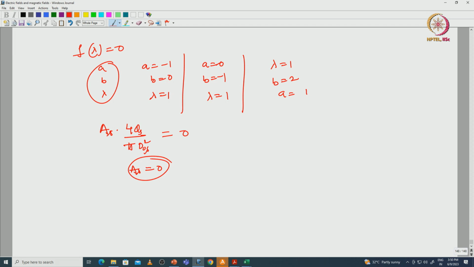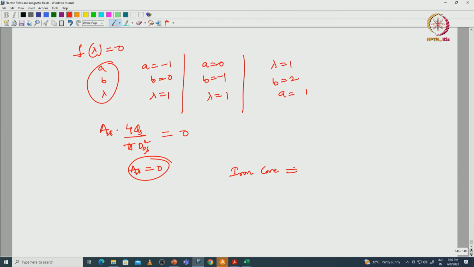That means there are no slots, the slot area is not there. That means we cannot place the windings. There is no space for windings, meaning the stator is completely occupied by iron core, with no space for copper windings.